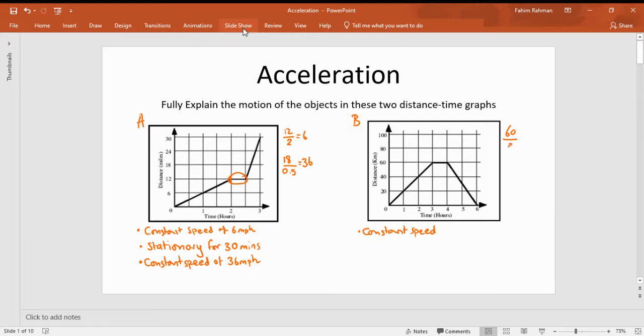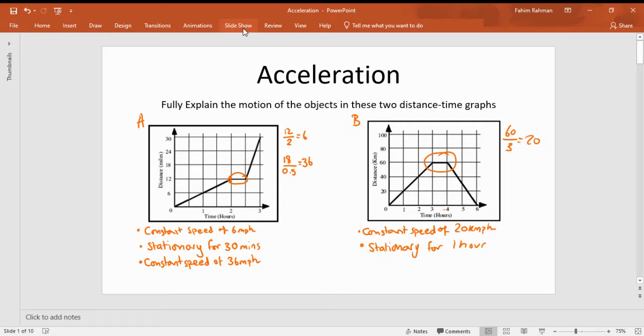Over the course of 3 hours, that gives us a constant speed of 20 kilometers per hour. Then we've got this part here, another flat section, so stationary. If you notice, it's stationary between 3 and 4, so stationary for 1 hour.